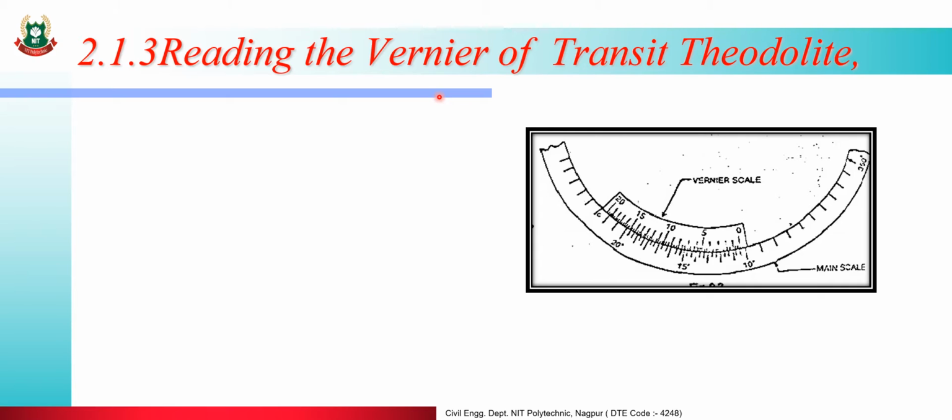We also discussed that there are two spindles: this is the outer spindle having the outer circle, and an inner spindle, having the verniers.